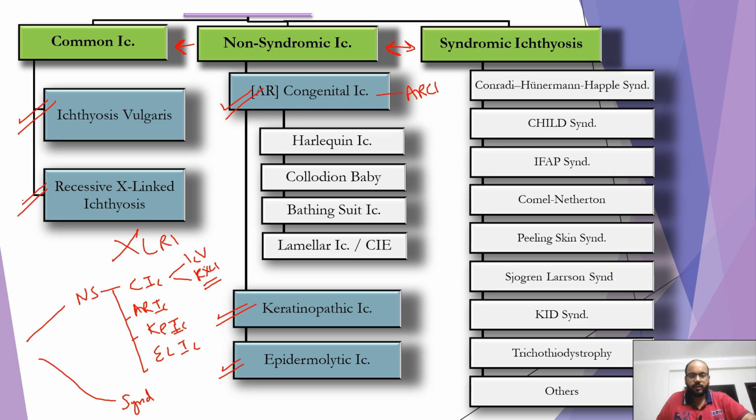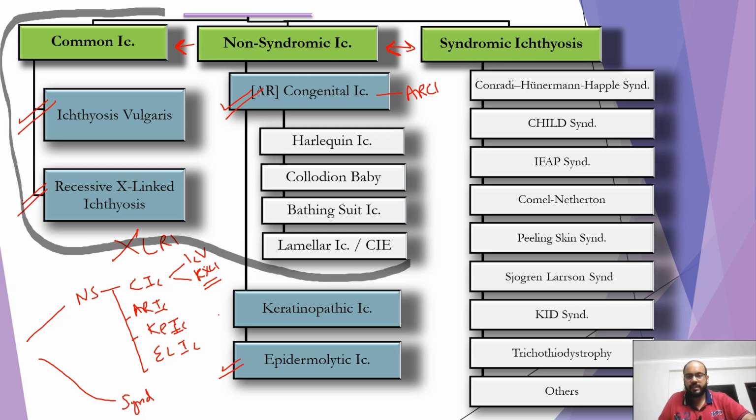In this particular talk, we'll keep our discussion restricted. Our discussion will include common ichthyosis, XLRI, and the ARCI group of disorders. This will be part 1 of the lecture.